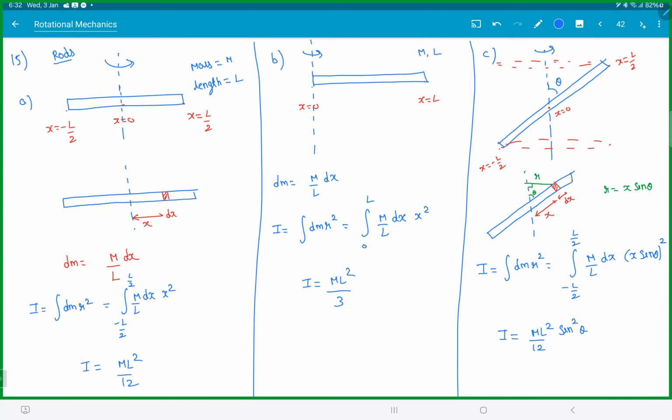Turn the page. Same thing. Suppose the rod is at an angle, now it is rotating about the corner like this.